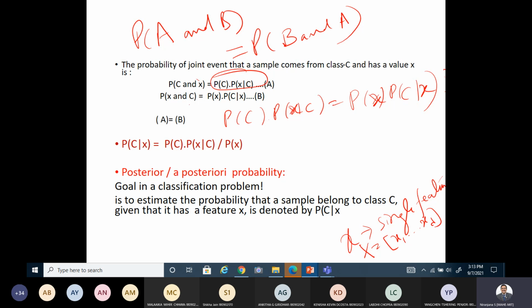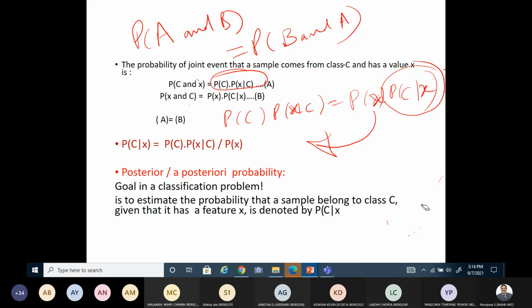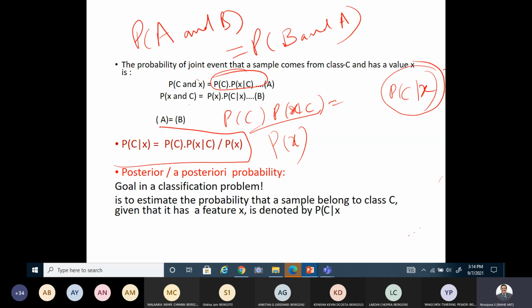From that, if you rewrite probability of C given X by taking this term to the other side, what happens now? I just moved P of X to here. It is nothing but this equation, the same thing I rewrote here.